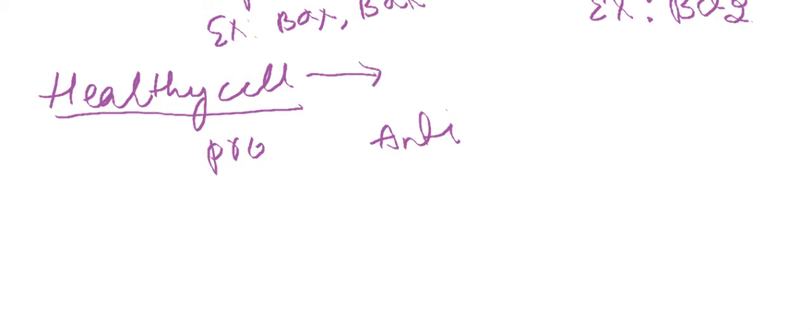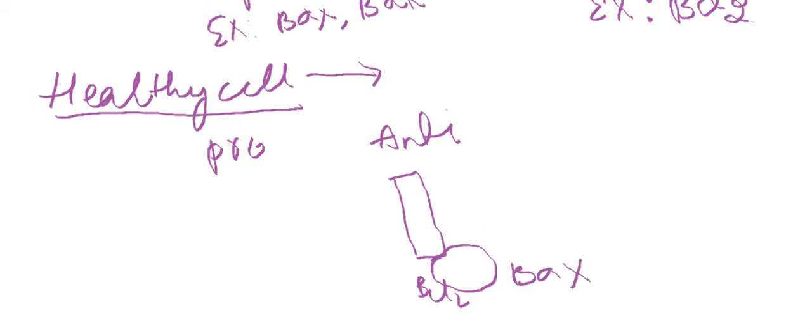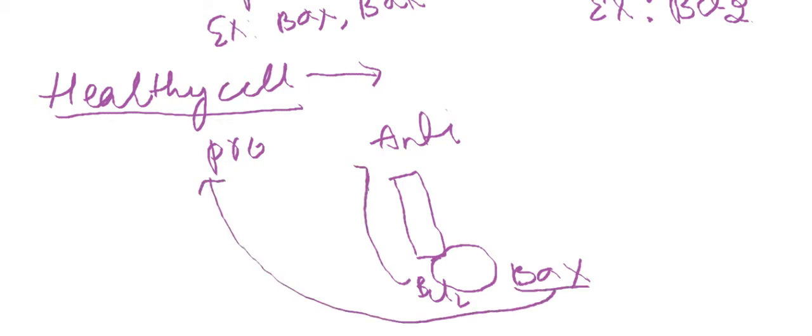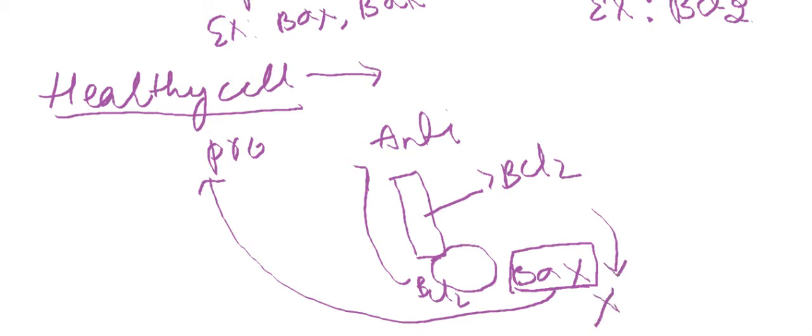Because the anti-apoptotic protein like BCL2 protein will go and form heterodimers with the pro-apoptotic protein. This BCL2 is an anti-apoptotic protein and this PAX is a pro-apoptotic protein. So BCL2 will form a heterodimer with PAX protein, thereby inhibiting apoptosis.